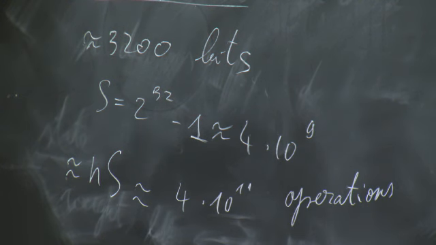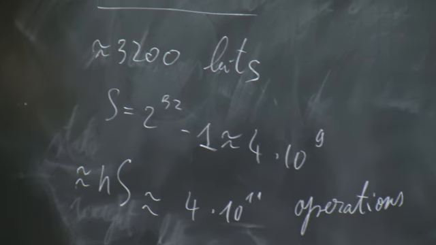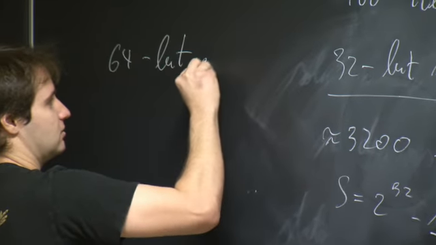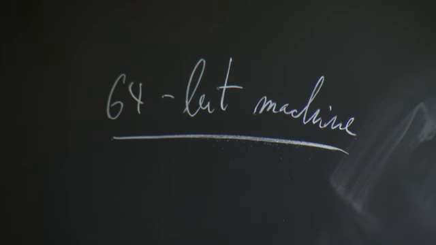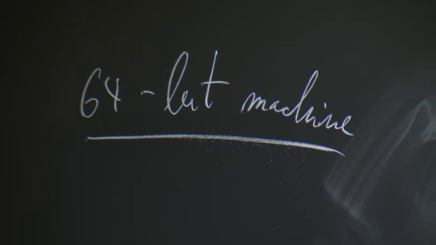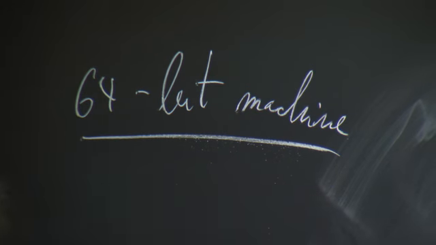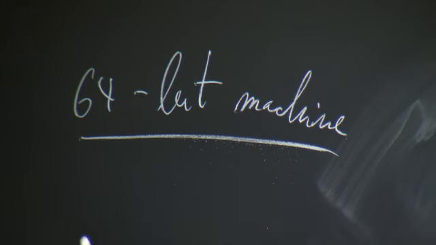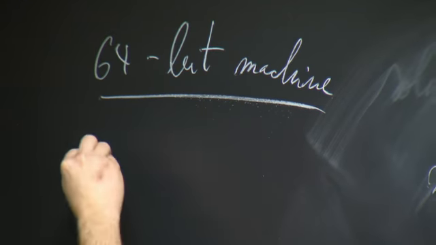OK, now suppose we're looking at the worst case input on a 64-bit machine. Still 100 items. So what's the input size? Let's go through it step by step. How many bits of input? That's 6,400.